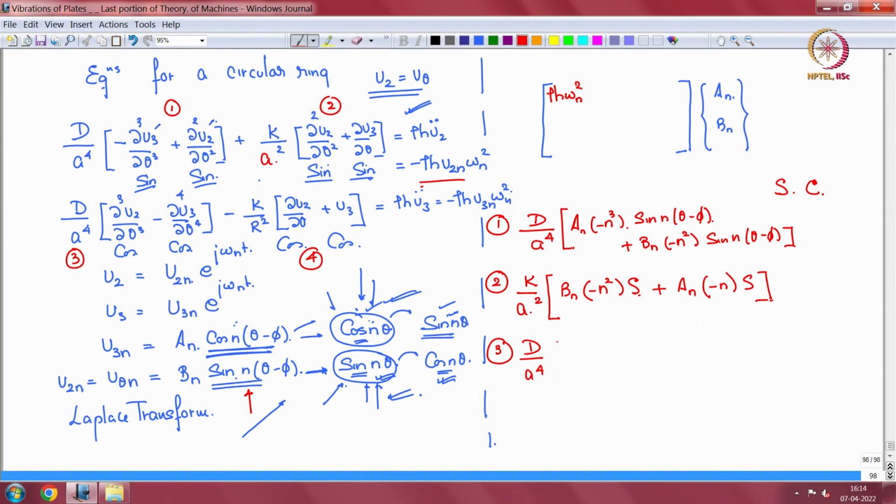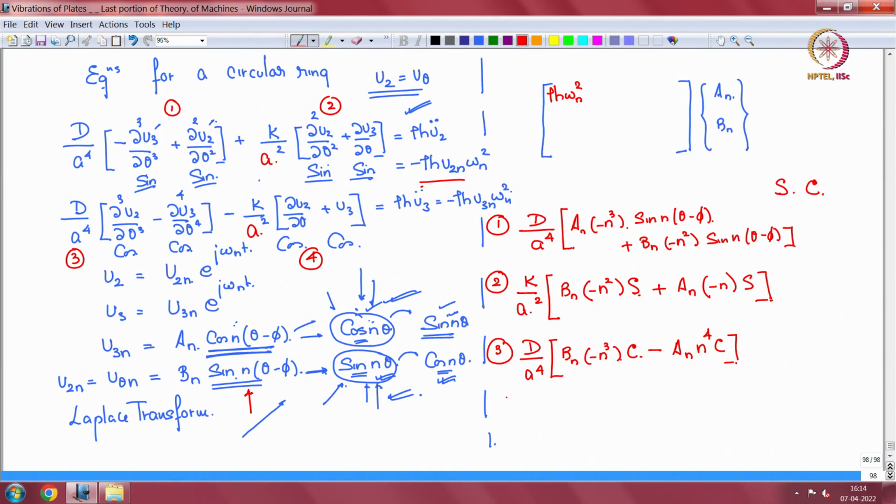Three derivatives of u2 gives me minus n, so I get bn minus n cube and cosine, then minus four derivatives with theta gives me an into n fourth, back to cosine.